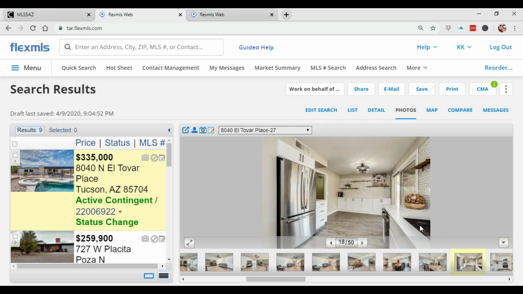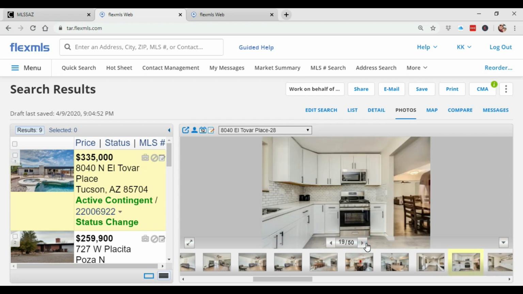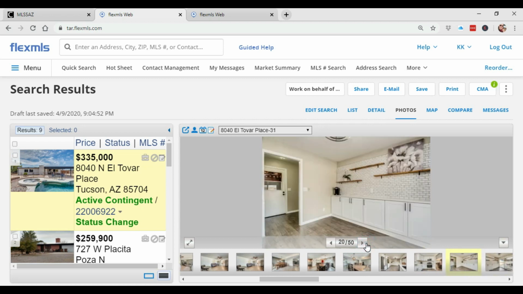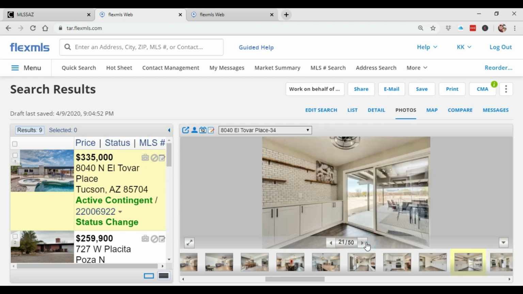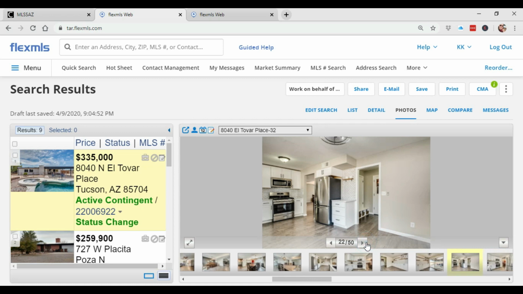Yeah, there it is. Look at that. Completely clean. And they're picking this up for $335,000. Now remember, the people who bought the other property bought it for $45,000 cheaper, and it's 300 feet smaller, right? So this instantly tells me that $335,000 is a good price for this property here.